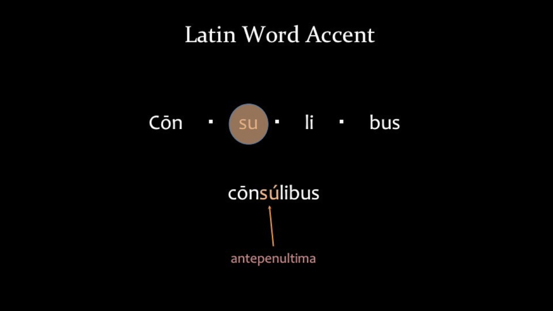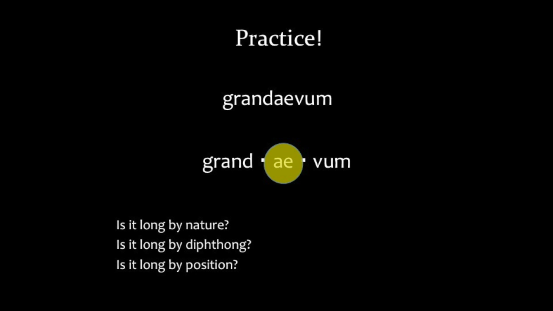Let's take a look at some more examples. Let's take one that we've already seen and break it down. So we have this word grandaeum. Let's break it down into syllables. Grand, ae, um. Take a look at the penultima, the AE, the second from the end. This is the one you focus on. Is it long by nature?